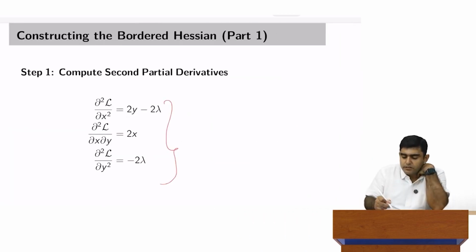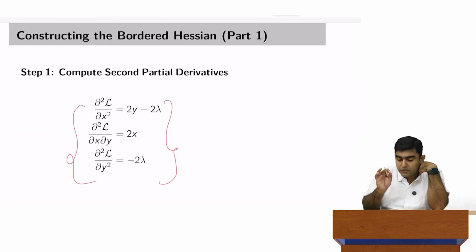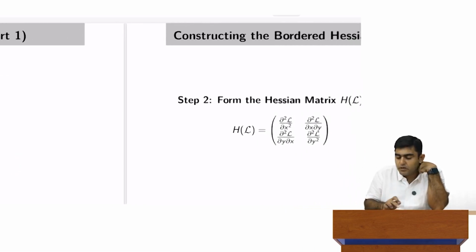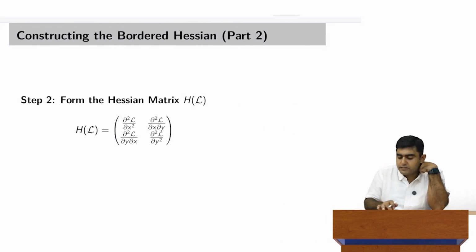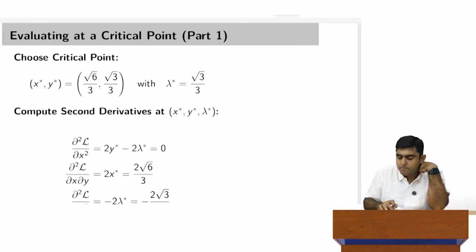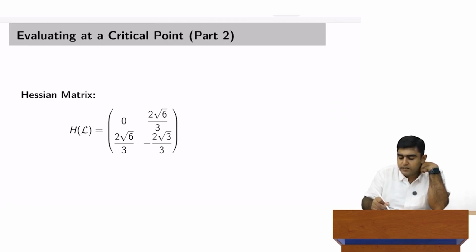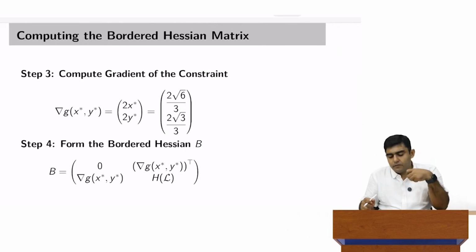Then again we construct our bordered, first we construct our actual Hessian matrix before bordering it, which takes the form at that point as a symmetrical matrix of size 2 cross 2, and now we have to border it. This is a new step that gets introduced.